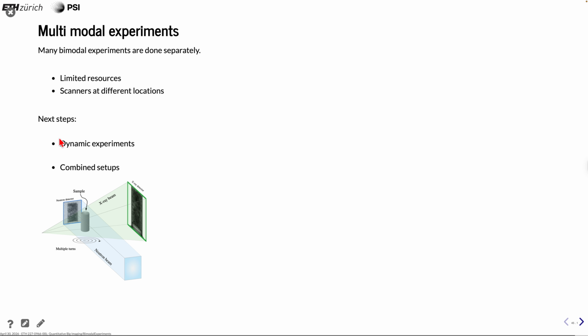Otherwise, you can also consider, if you do a very dedicated experiment, dynamic experiments. Then you can go for the combined setups where you actually acquire the two data sets at the same time. And here we have a setup that I'm using at the ICON beamline, where we have the neutron beam that captures the neutron data, and at the same time we have the X-ray going across the beamline to do the X-ray tomography.